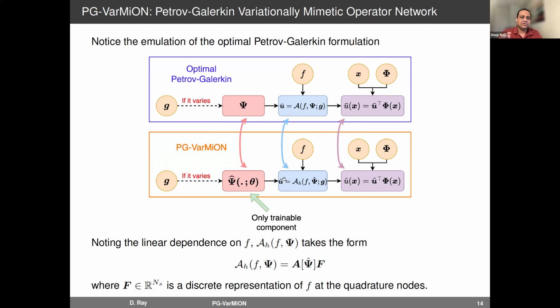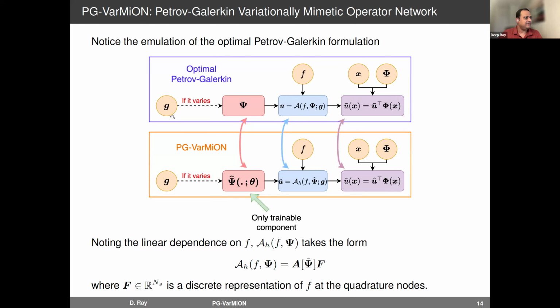My new coefficients are going to be called u hat. Okay, and here the a has been replaced by a sub h, and of course the psi has also been replaced by psi hat. So you have a quadrature approximation, and you have the psi replaced by psi hat. Then you use that to take a dot product with the trial basis to get the corresponding solution u hat instead of u bar. But the trial basis remains exactly the same as earlier.